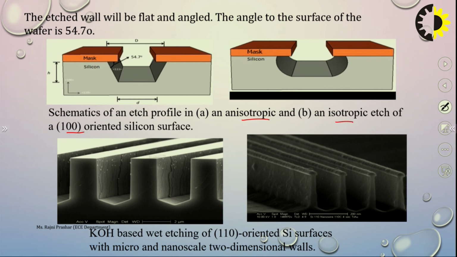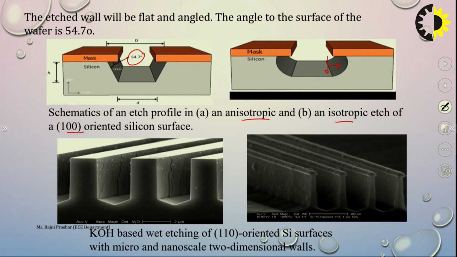We have the same 100 orientation, but in case of the anisotropic profile, we are going to have this kind of profile, and this angle is very important. It will always be etched at 54.7 degrees, and in case of isotropic, it is going to be in all directions, vertical as well as horizontal, inside the silicon dioxide layer, right?